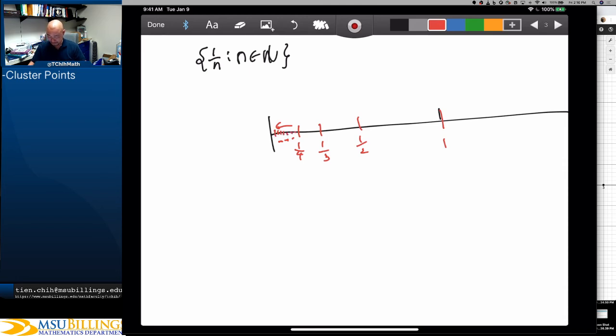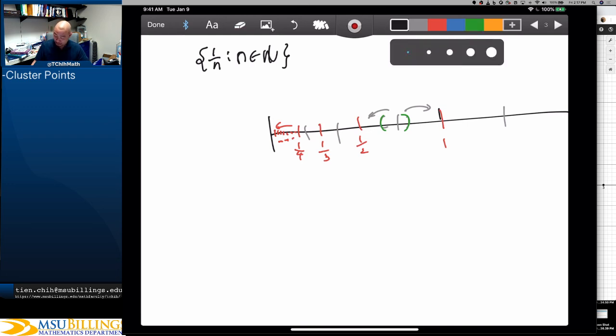Alright. So I think it should be pretty clear that if I pick things in between the elements of this set, I just take the two shortest distances, take the smaller distance, divided by 2, there's an epsilon interval, there's nothing in there, right? So we're good there.